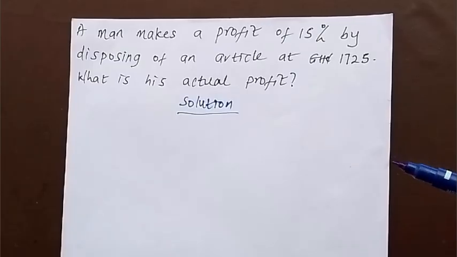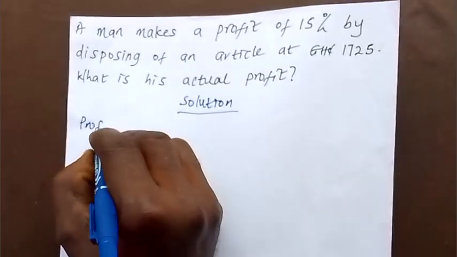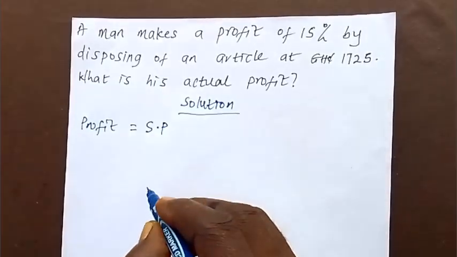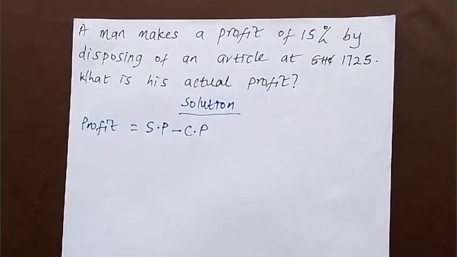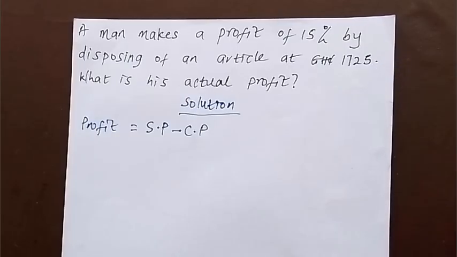Before we deal directly with this one, let's look at some formulas that we might need. Talking about profit, our profit is the selling price of an article minus the cost price of that article. But here we are dealing with profit percent, so we are expressing the profit as a percentage.